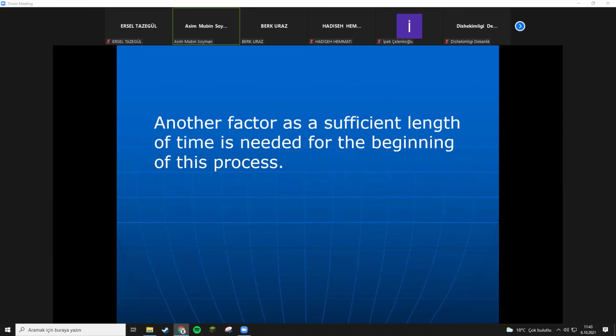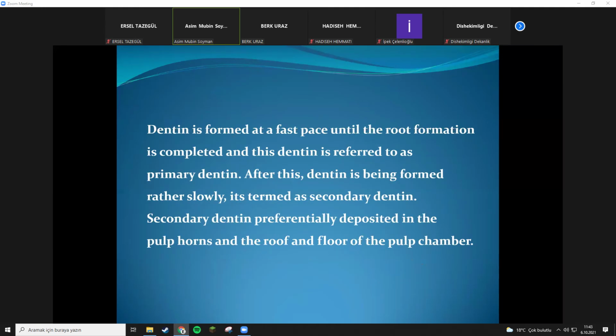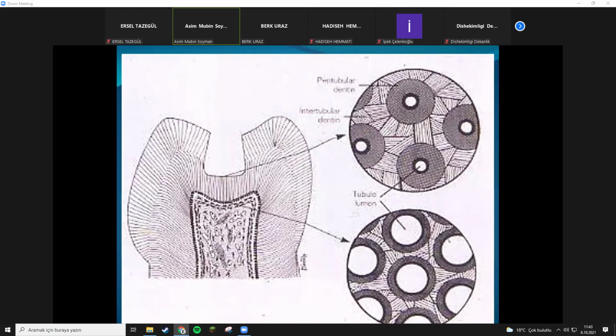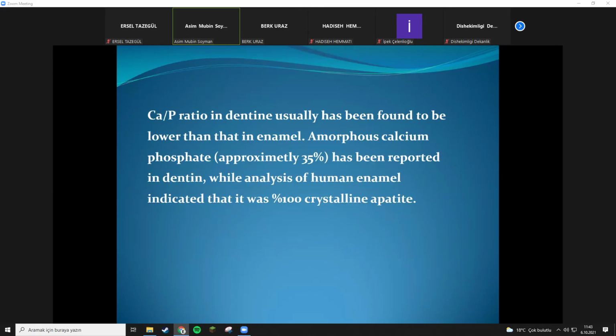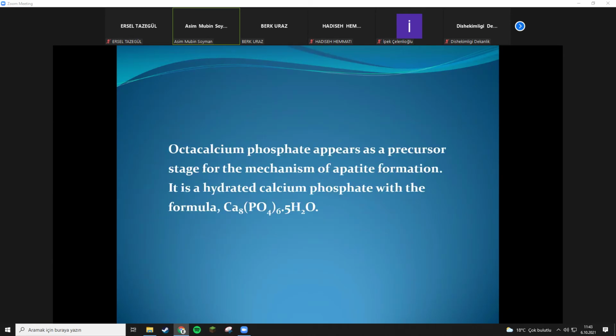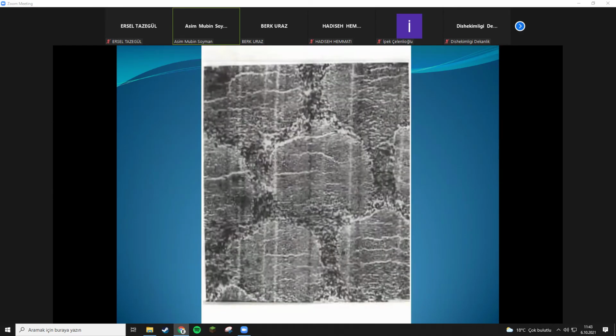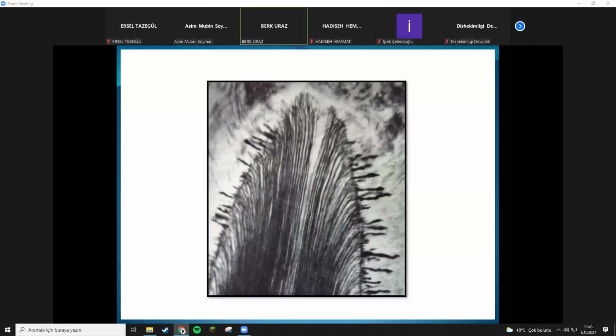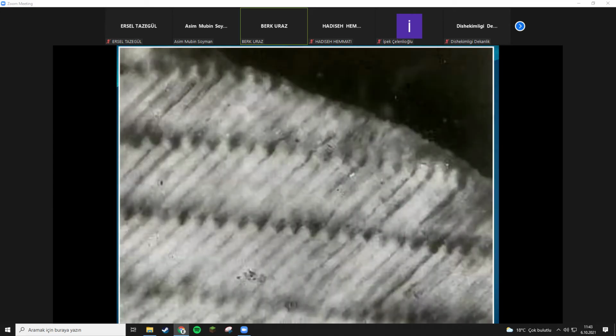Okay, let's go back to Retzius lines. Where are the Retzius lines? Here are the Retzius lines.